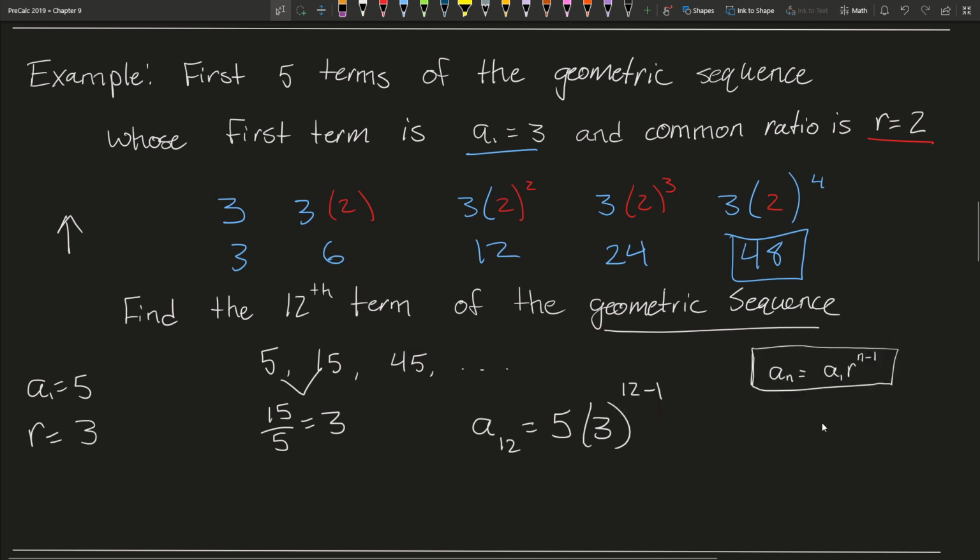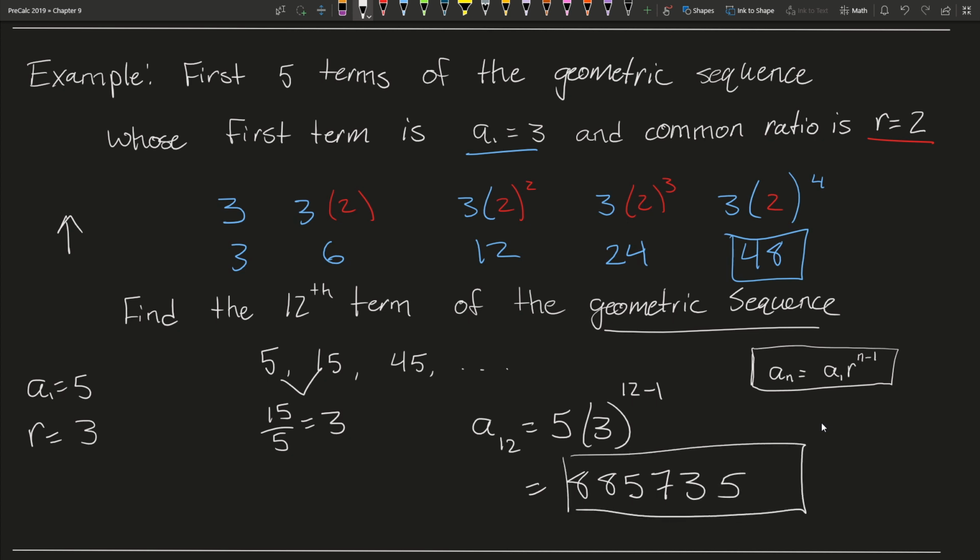And then when we plug that into a calculator, we can get an answer. And when we do that, we get 885,735. Okay, and that would be the 12th term in this sequence. And again, I want to pause there for a second. Are there any questions over anything that I just did?